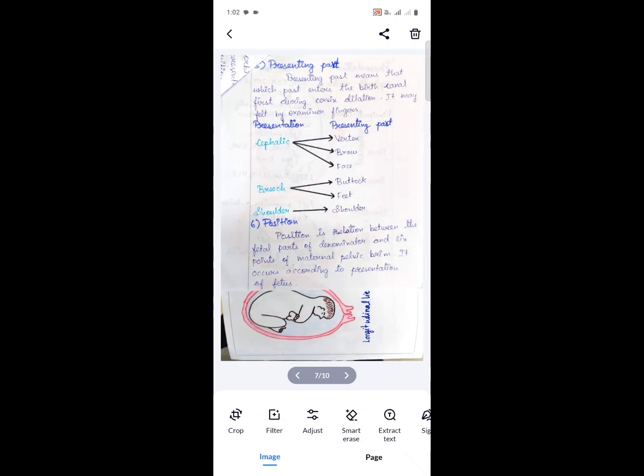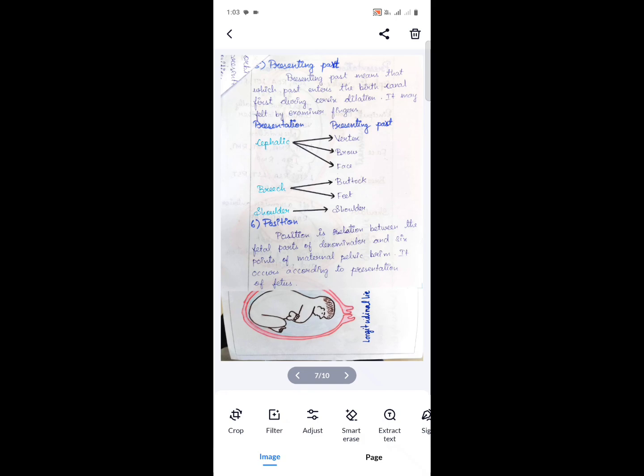And next, the presenting part. Presenting part means the part that enters the birth canal first during cervical dilatation. It may be felt by the examiner's fingers. So the part that the finger can feel is the presenting part. Presentation means the part that is present in the lower pole of the uterus.